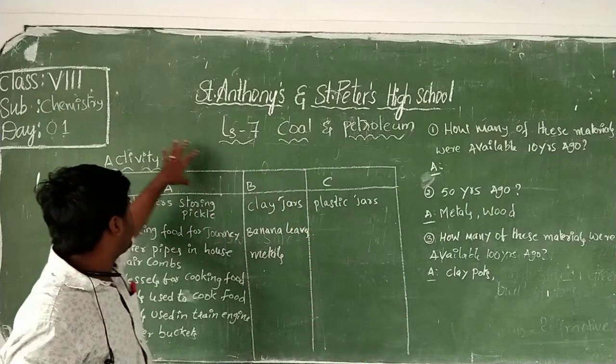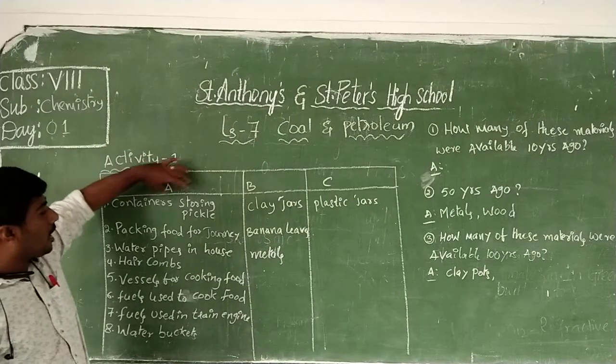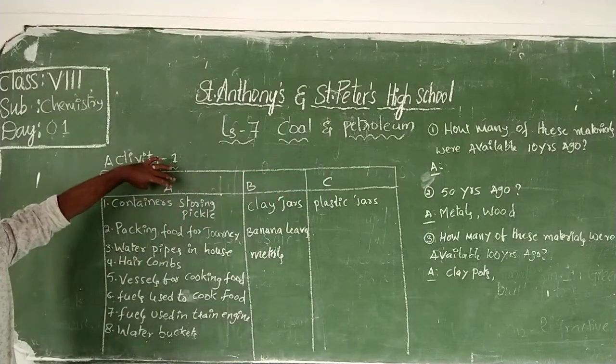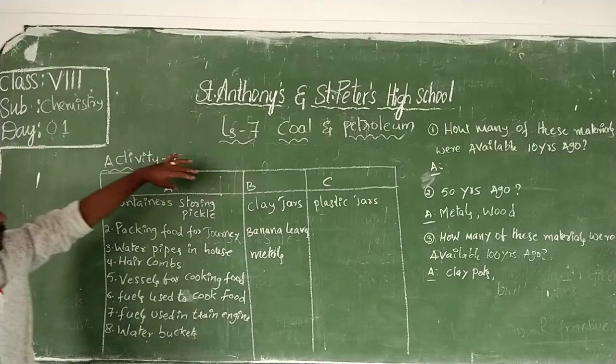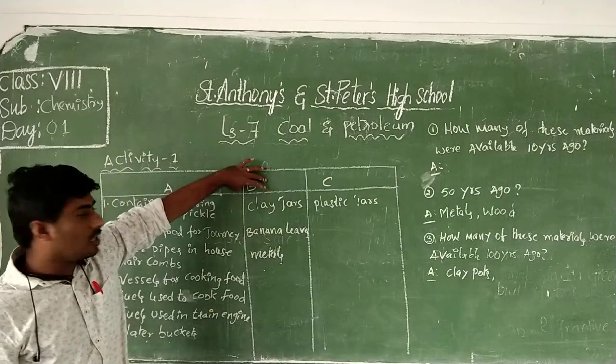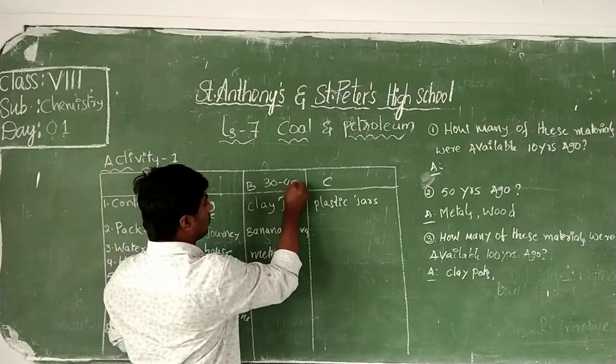So see here Activity 1. In Activity 1 we can divide columns A, B, C. Column A is the name of the articles and materials, and column B is the name of the articles and materials that were used 30 to 40 years ago.